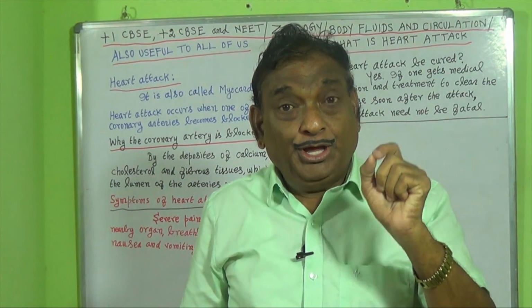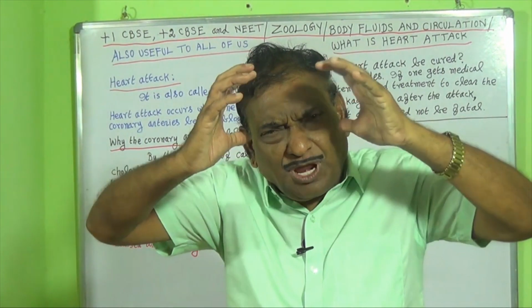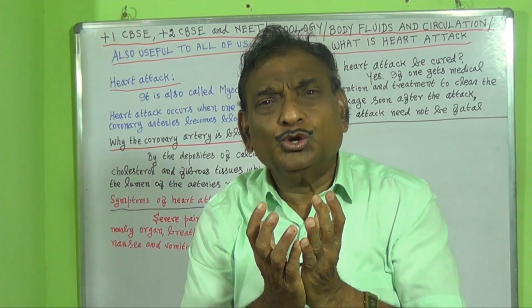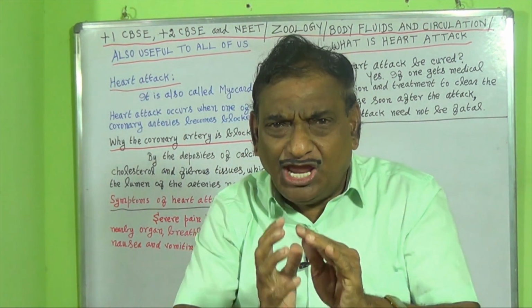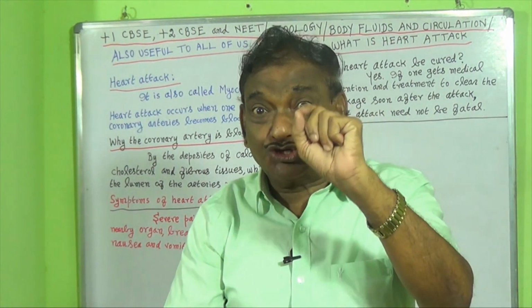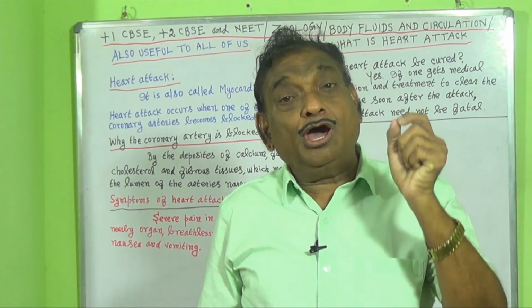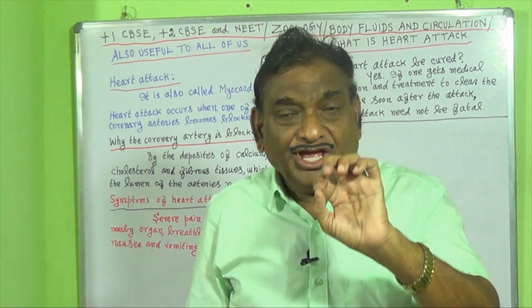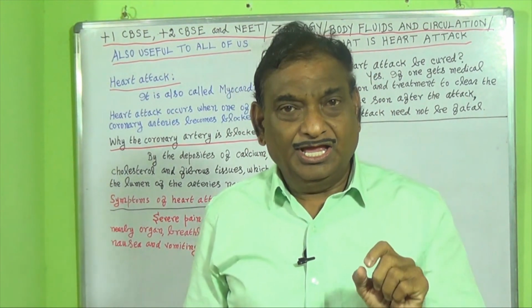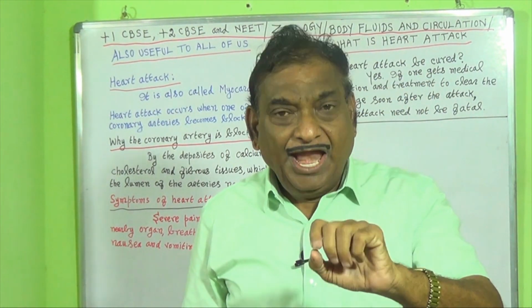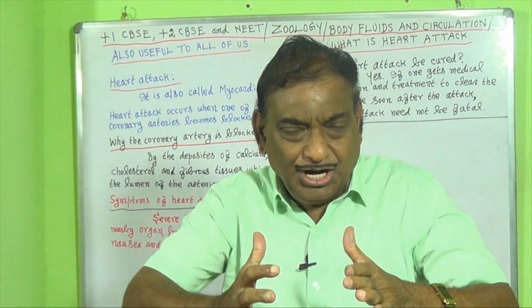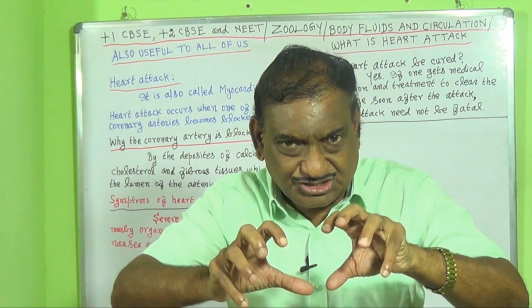Our heart requires a continuous supply of oxygen to function and survive like any other tissues and organs of the body. The coronary arteries are arterial blood vessels that transport oxygen to the heart muscles.